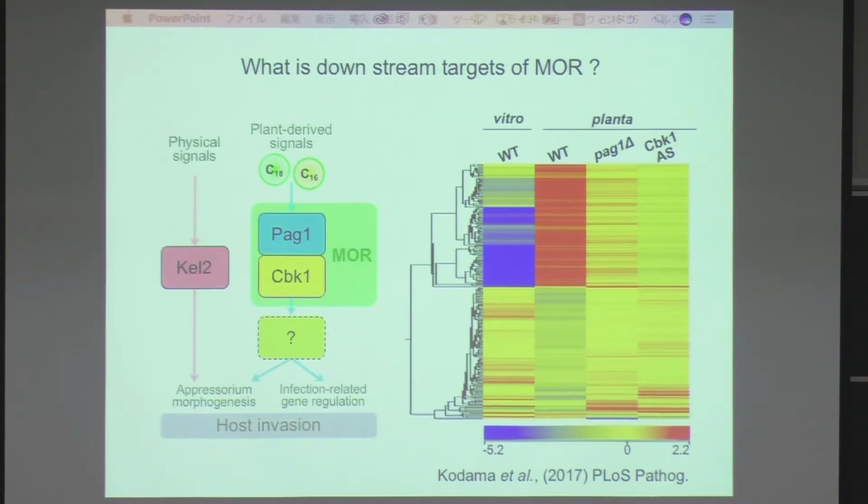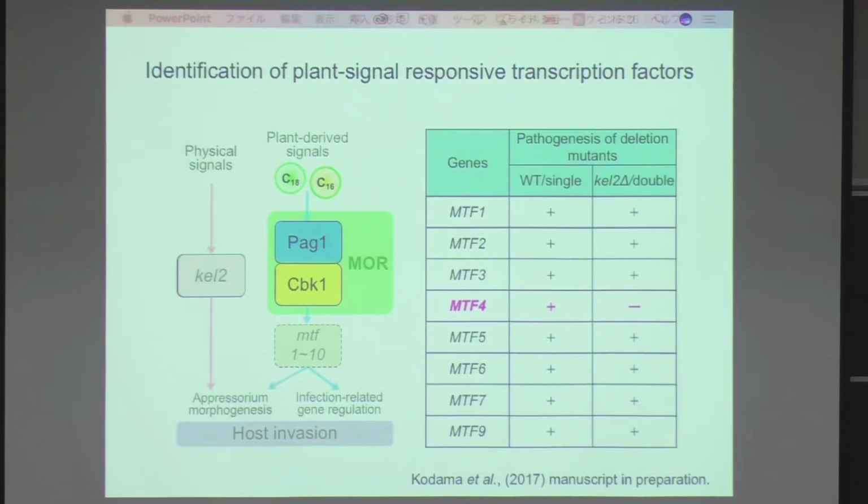To achieve this goal, we selected the plant-inducible genes that were affected by PAG1 mutation and CBK1 inhibition by microarray analysis. Successfully, we were able to select 10 candidate transcription factors named MTF1 to 10, and successfully obtained 8 gene disruptive mutants on the wild type background and also the COK2 background.